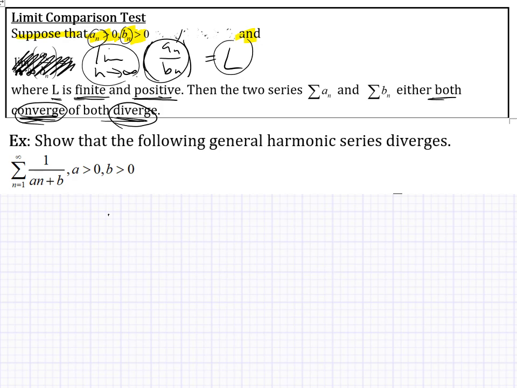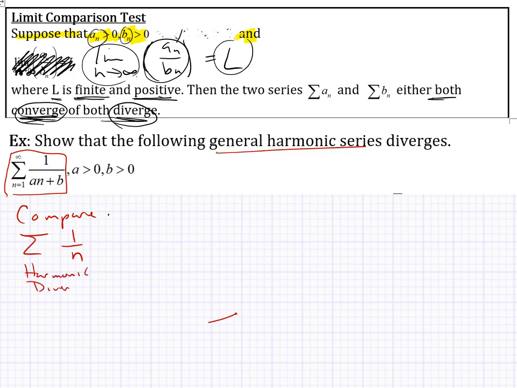Okay? So, if I look at this right here, this is what we call the general harmonic series. And I need to show that it diverges. If I compare it to the harmonic series, which I know diverges, right? This is harmonic. It diverges.